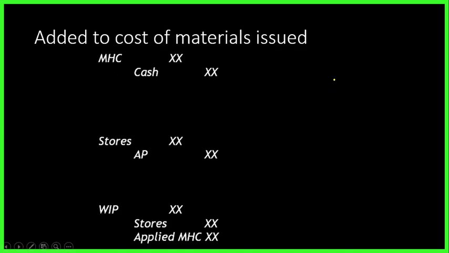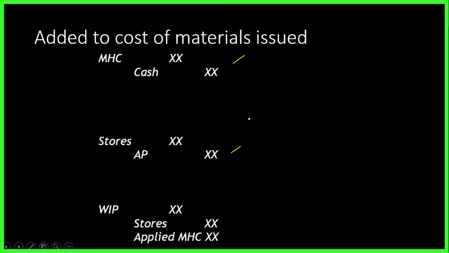Now, if it's added to the cost when the materials are issued, you come up with an application rate. Once they are incurred, you debit materials handling cost and credit cash if it's paid in cash. When you make your purchases, you debit your stores and credit AP. As of this point, I want to emphasize the major difference.